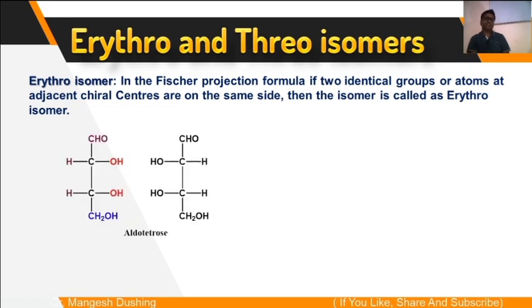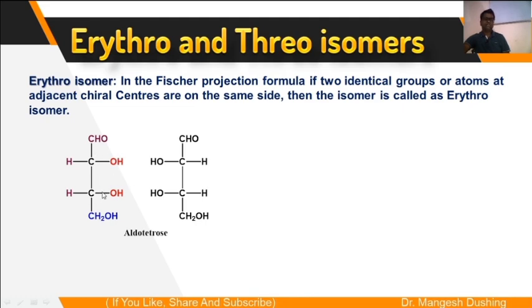For example, see these two compounds, aldotetroses. This is the Fischer projection formula. These are the horizontal line groups. These OH are similar, these H, H are on the same side of the compound.